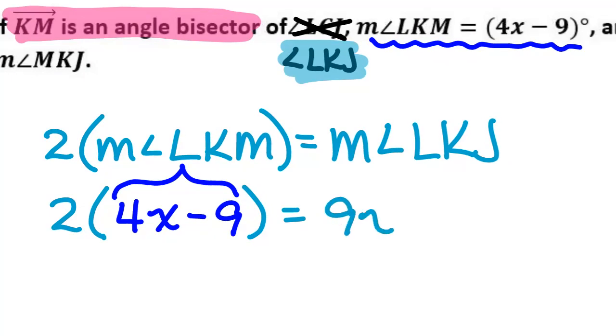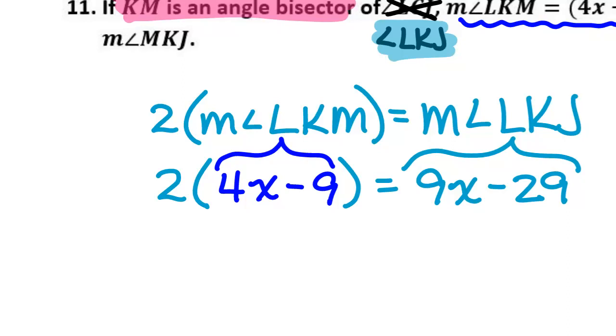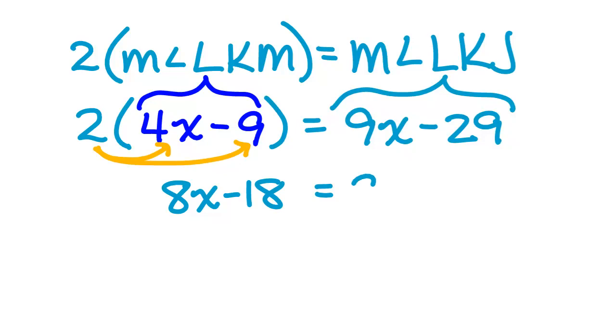Yes. 9x minus 29 goes in for LKJ. So now that I have my equation set up, we're going to distribute this 2 to both pieces here inside the parentheses. So I get 8x minus 18 equals 9x minus 29.